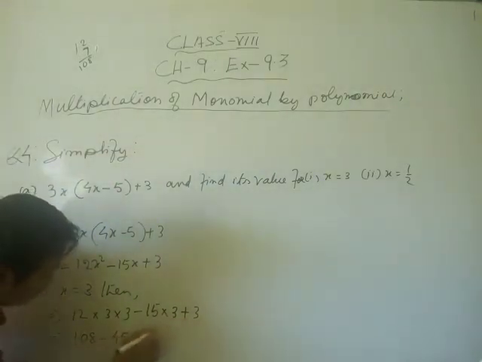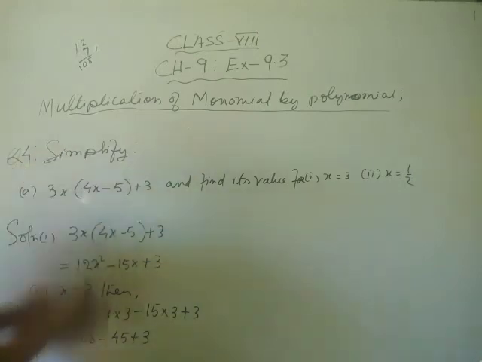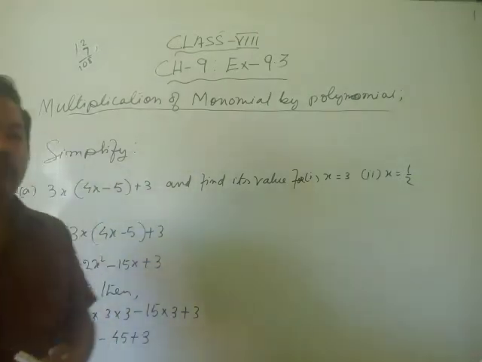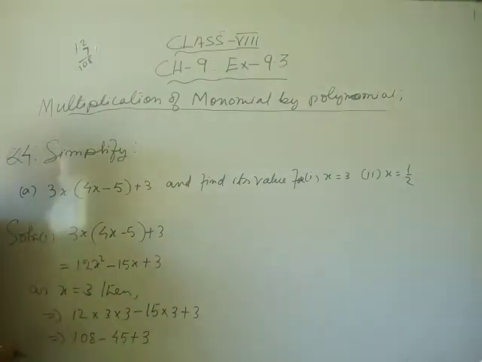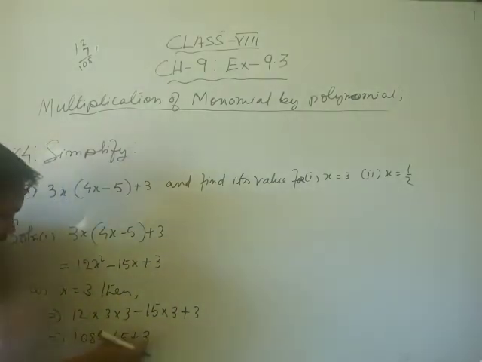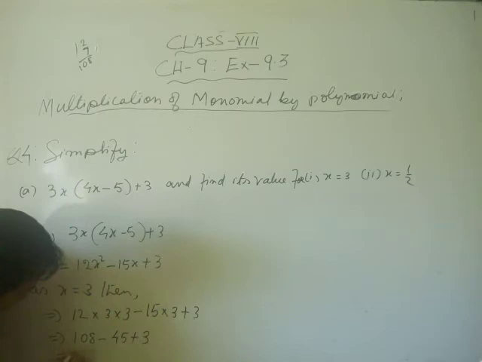Now it is a very simple form. This was simplified. Simple form means just remember the integers, plus and minus numbers. So this is positive 3, positive 108, plus these two, you get 111.